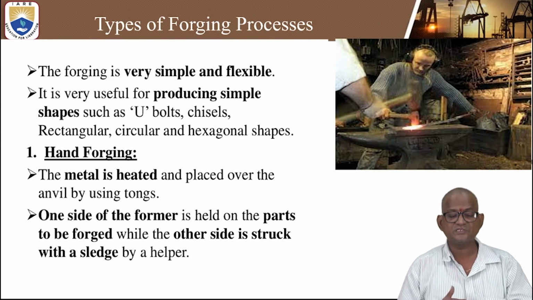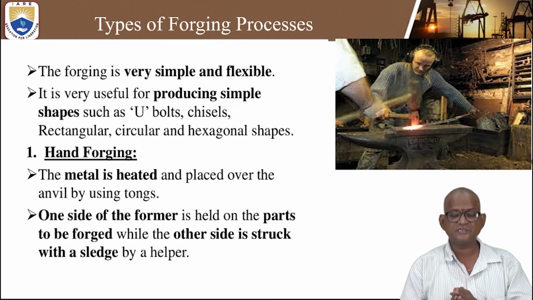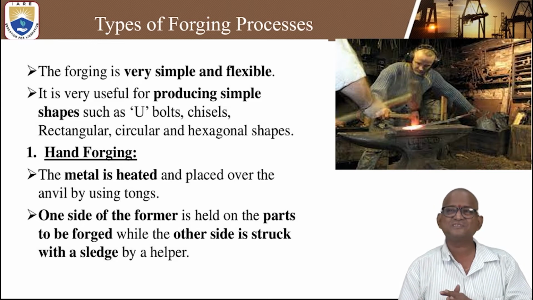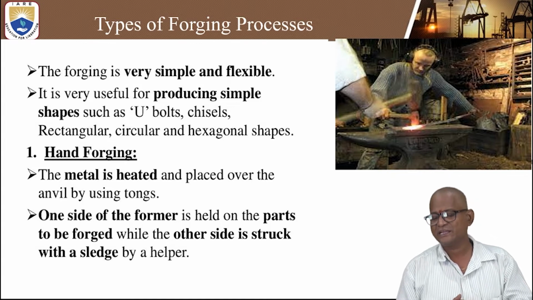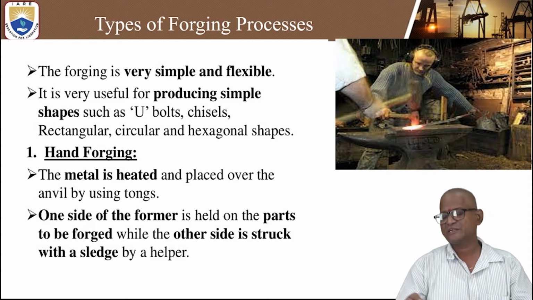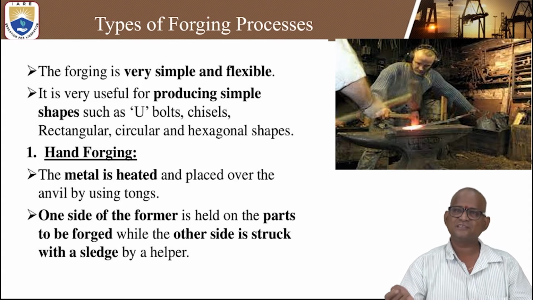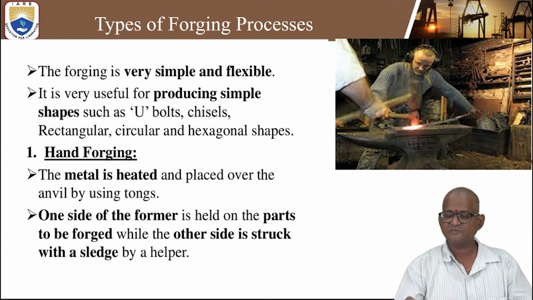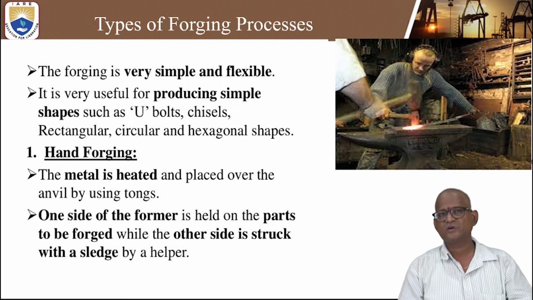Next, coming to this type of process, you can see it is a very simple and flexible process. A man can do open die forging: they heat the raw material and keep it, and another worker applies pressure with the help of hammers.